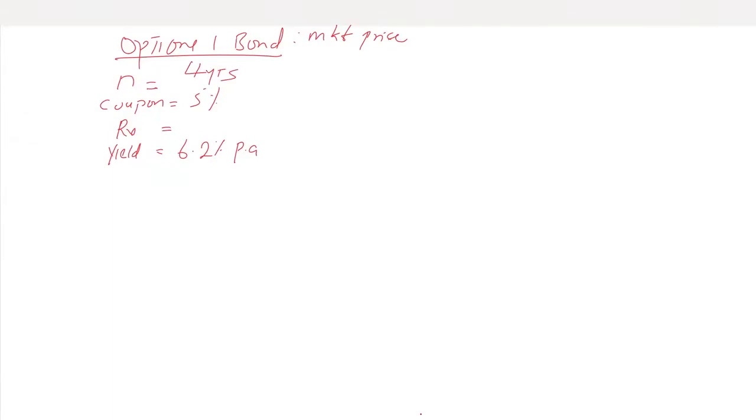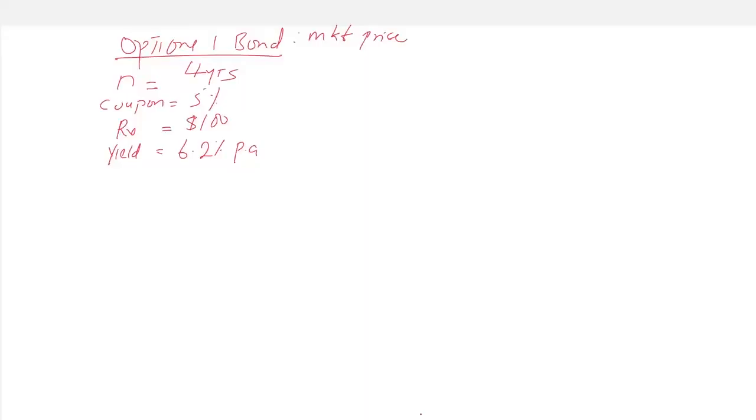Okay. And the redemption value, we are told that it's at 10% premium to the nominal. Now your nominal is $100. 10% premium means 10% higher than the nominal value. So you just multiply it by 1.10, which gives me 110. So these 4 things, once given to you, it's a bonus question.